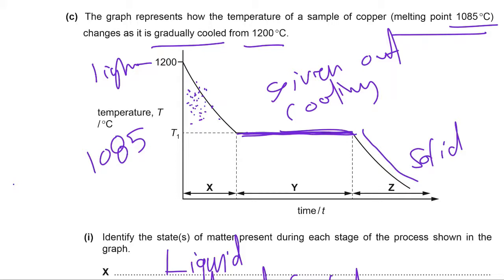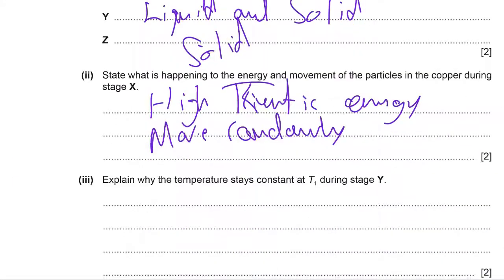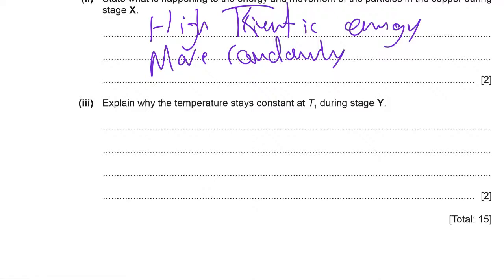So you need to say at stage Y, all the kinetic energy is given out. That means it's exothermic, because when you convert it from liquid to solid, the physical bonds start to be formed. Formation of bonds is exothermic. And here we have cooling because the temperature is decreased. So you can say energy is given out, and cooling.